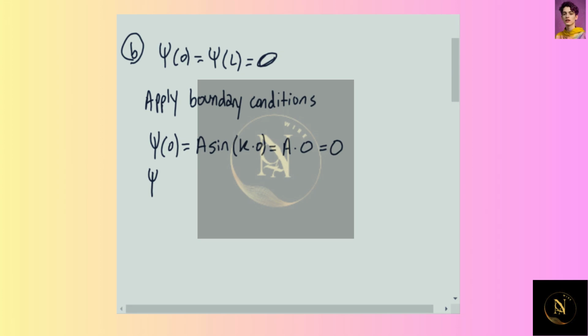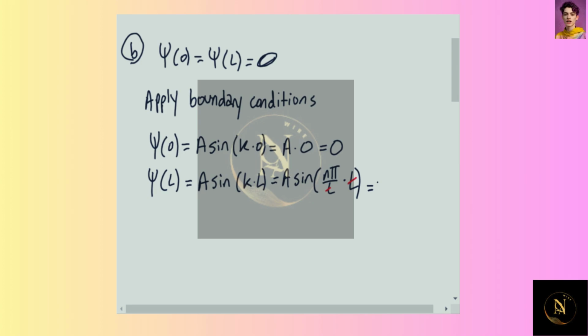For our next boundary, we have psi of L, and we will have a sine of kL. And we can plug in for k n pi over L multiplied by L. So you can see that these L's will cancel.